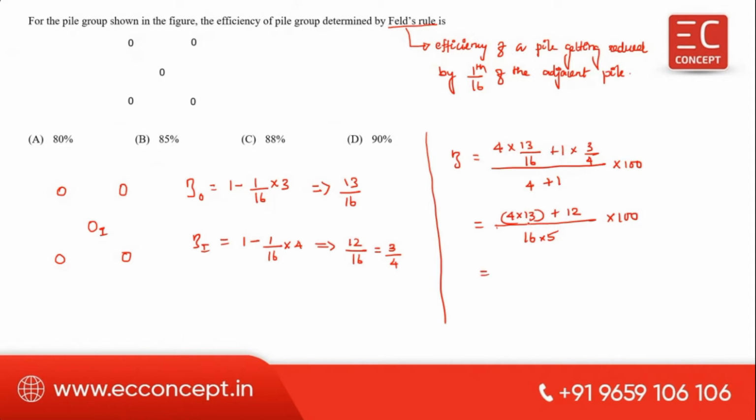So it is 52 plus 12 equals 64, divided by 16 into 5, into 100. The answer is 4 divided by 5 into 100, equal to 0.8 into 100, equal to 80 percent. So the answer for this question is A.